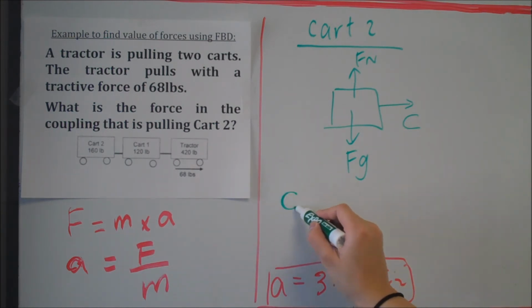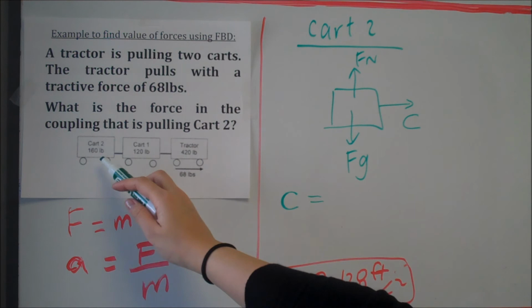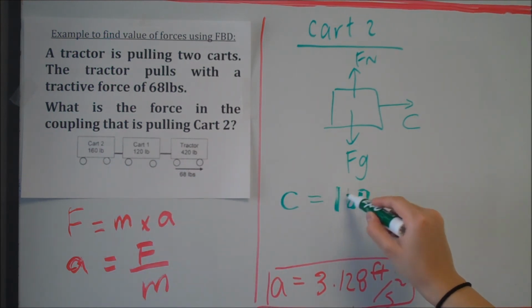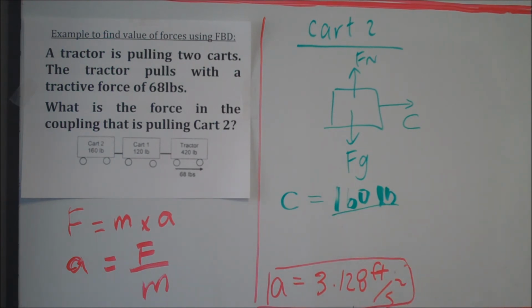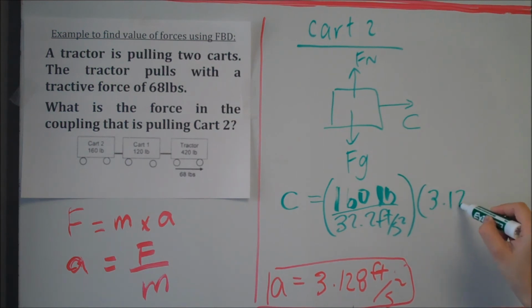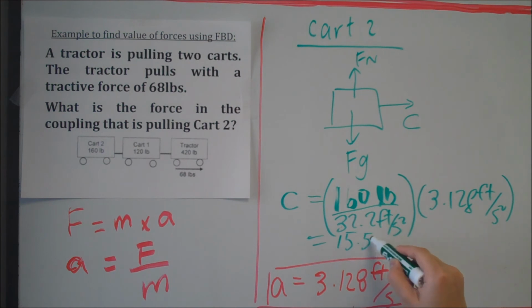So our coupling force equals the mass, which is 160 pounds, divided by gravitational pull, like just now, times our overall acceleration, the acceleration that we found previously. After we calculate that, we find that our coupling force is 15.5 pounds.